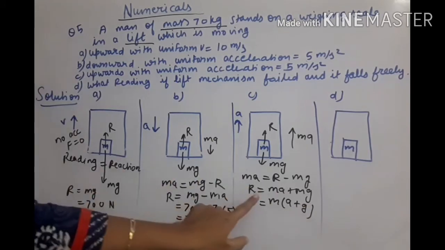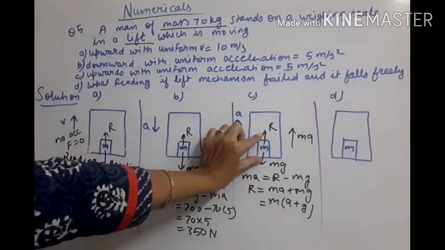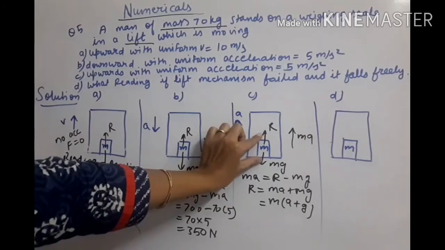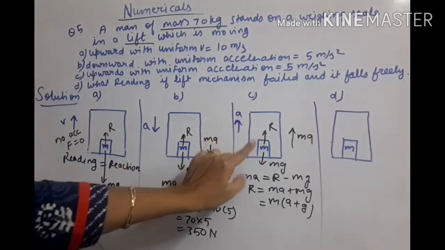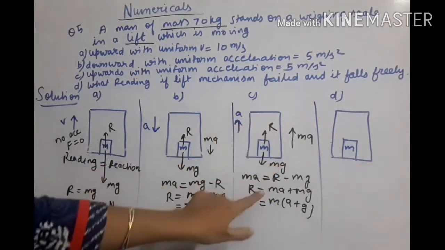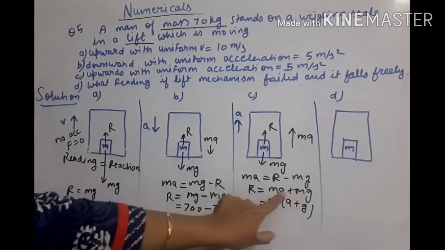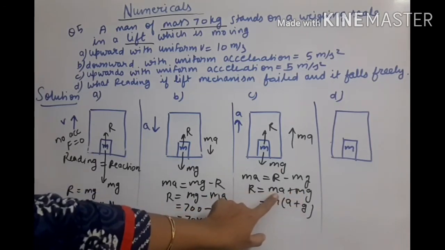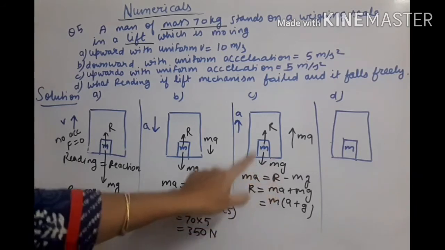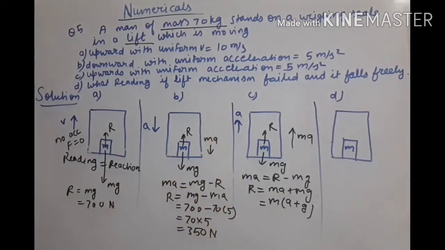And you can see one more thing. When any lift is moving upward and we are standing in that lift, we feel heavier, because our actual weight is mg, but what we are experiencing is R, which is equal to mg plus ma. So we are experiencing more than our actual weight. That's why we feel heavier when the lift is moving upwards.